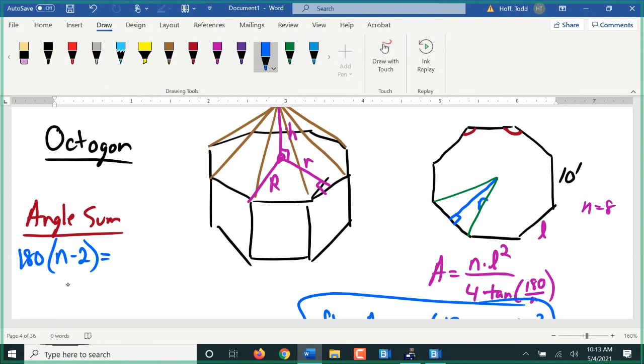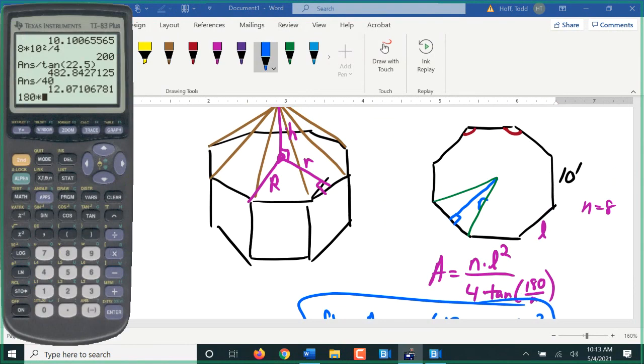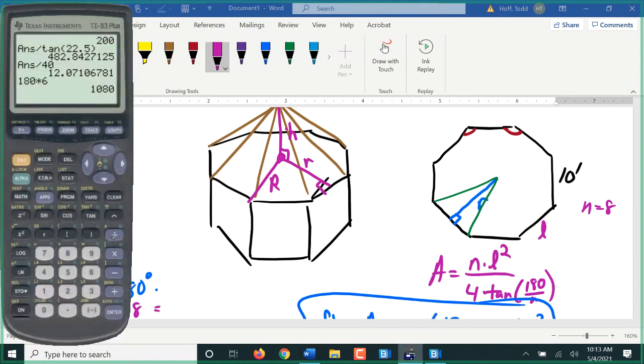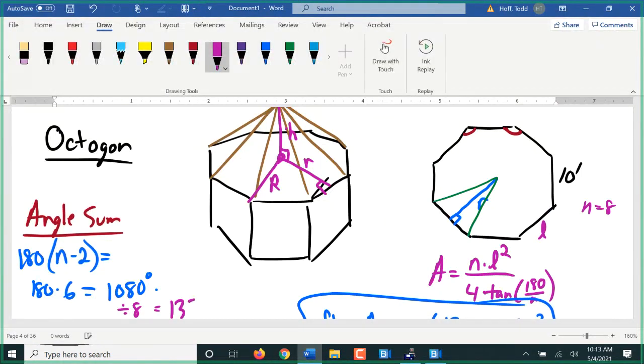So there are 8 sides, so n minus 2 is 6. 180 times 6, I believe that's 1,040, 1,080, I should say, and it is 1,080 degrees. Divided by the 8 angles gives us 135 degrees for each of those angles.